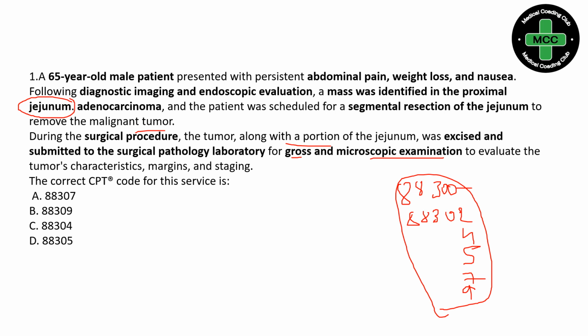Say, for example, you take skin as a specimen, or breast, or uterus. All of these specimens you can find in various levels. You can see skin under 88302, which is for plastic repair.